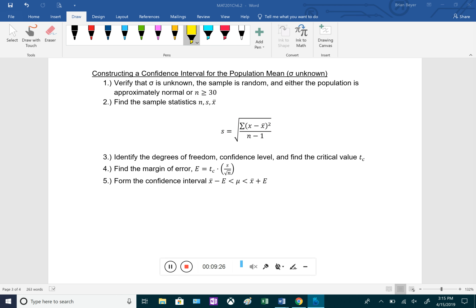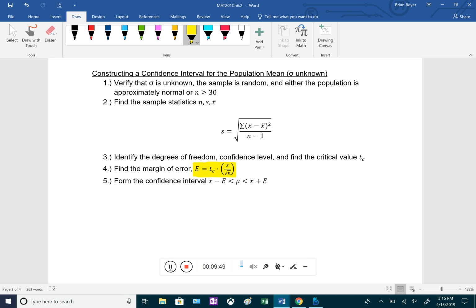So we're going to need n, we're going to need s, we're going to need x bar, and then we have to identify the degrees of freedom, which is n minus 1, the confidence level, which is given to us, and then we have to use those to find the critical value t. Once we're done with that, we have to find the margin of error, just like we did last time.